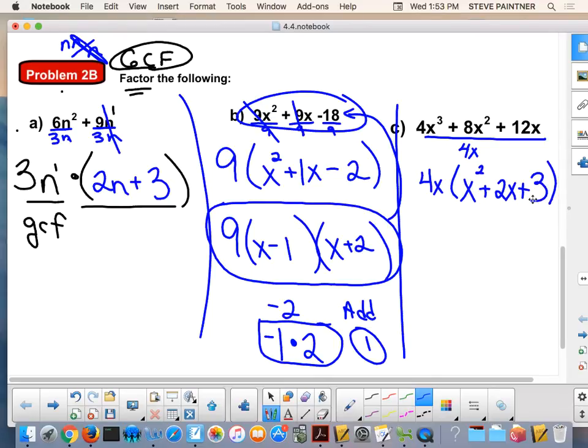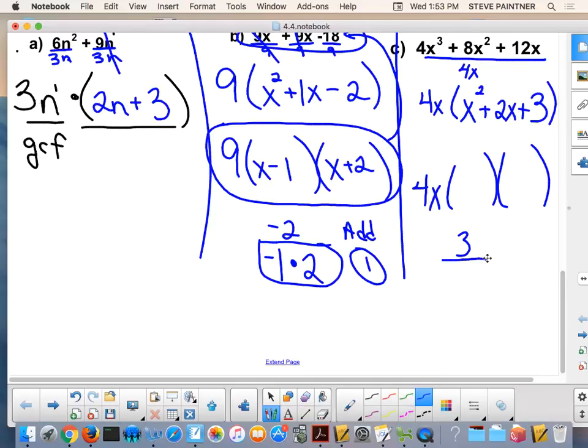Now, look inside, you got a trinomial. You should be saying to yourself, oh, is there a chance I could factor again? Well, look at the last number, it's 3, right? Give me some factors of 3. You want this number too. What does this add up to? 4.